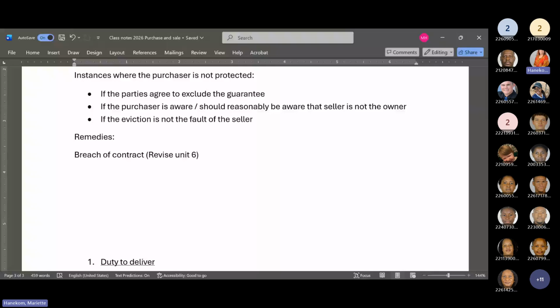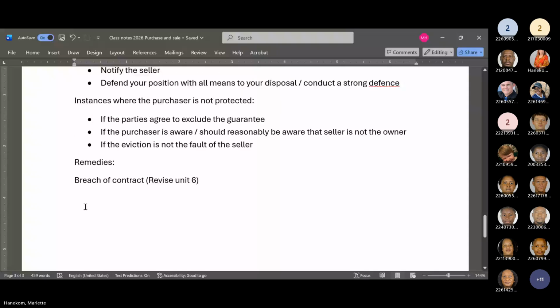So the next duty then is the duty to keep the thing in safe custody.